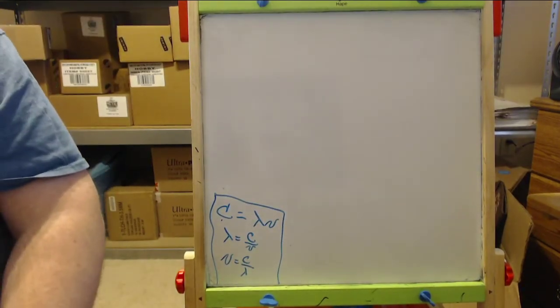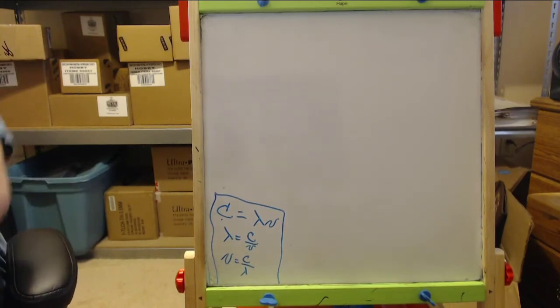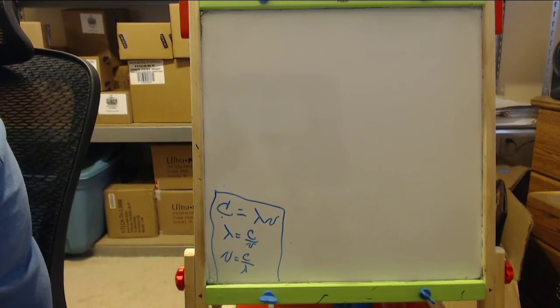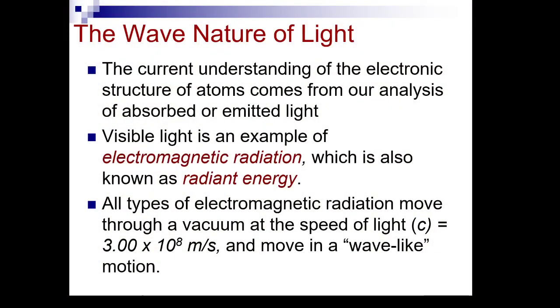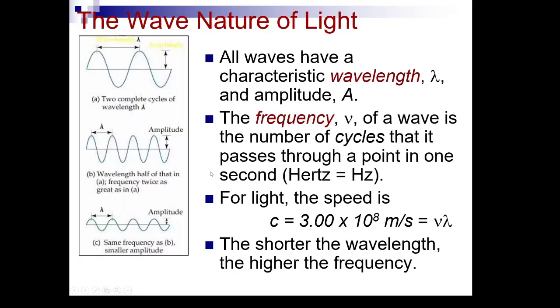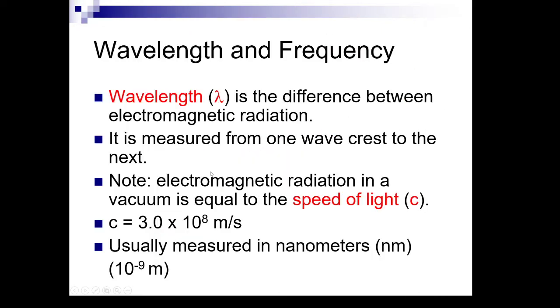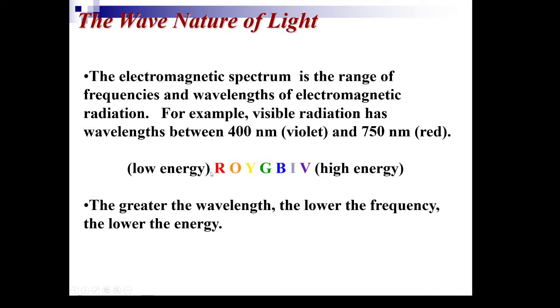All right. So that's our first step. Okay, being able to take electromagnetic radiation: if I'm given a wavelength, I can find a frequency. If I'm given a frequency, I can find a wavelength. Okay. All right, and this is everything we just talked about.